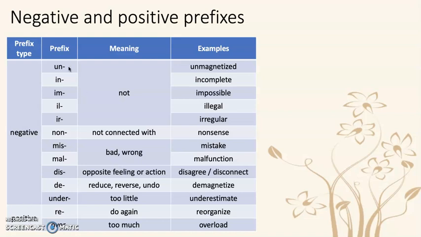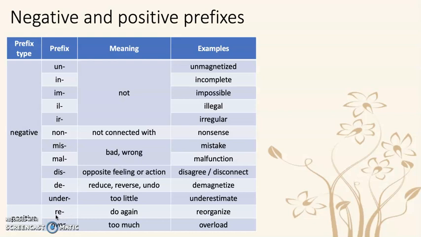But when we take these prefixes and put them in front of root words, we get the opposite of the root. So function, we put mal in front of it and it becomes malfunction, which means it doesn't function. Same thing with agree, we put dis in front of it, it's the opposite of agree.